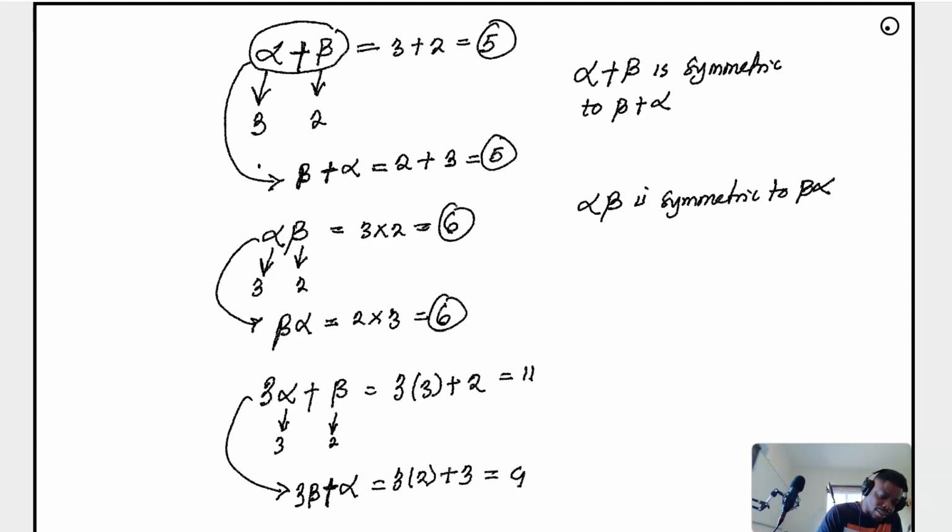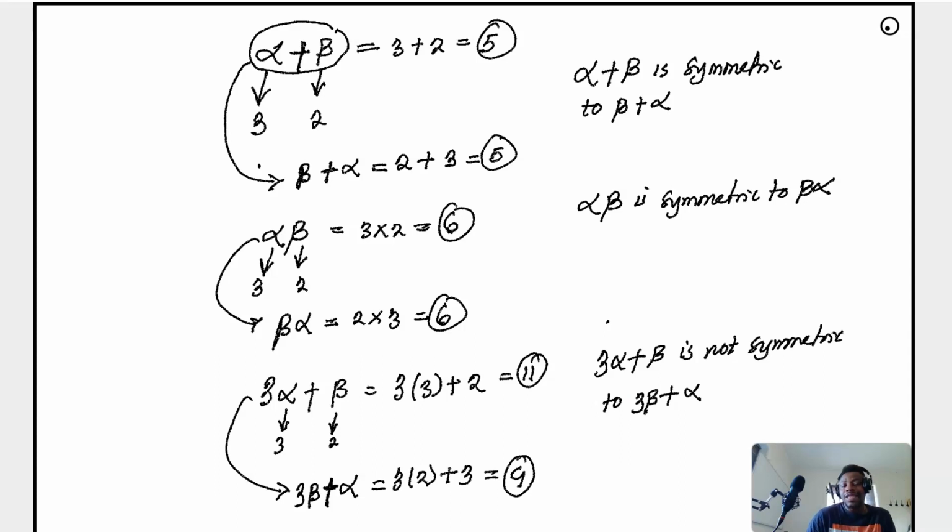This is 9. You can see 11 is not equal to 9. So 3 alpha plus beta is not symmetric to 3 beta plus alpha. Interchanging simply means where you have alpha, you put beta, and where you have beta, you put alpha.